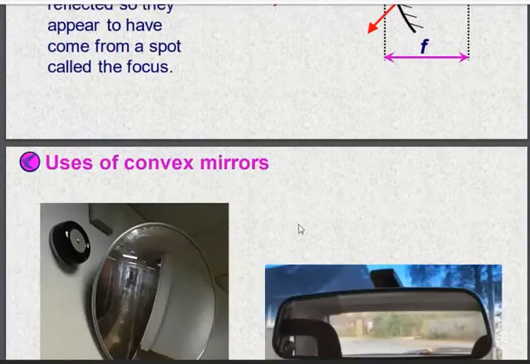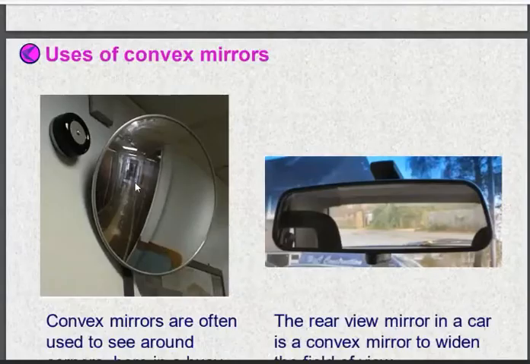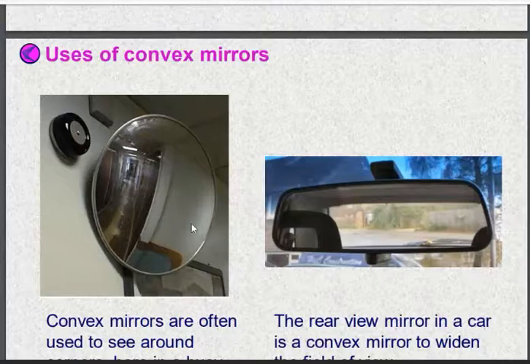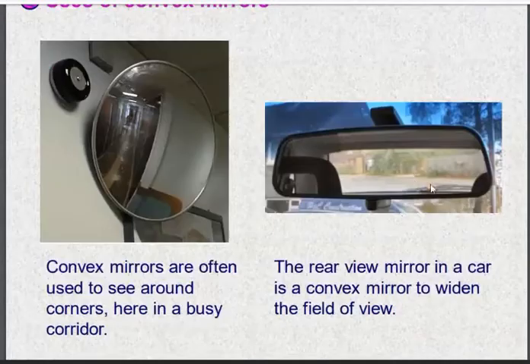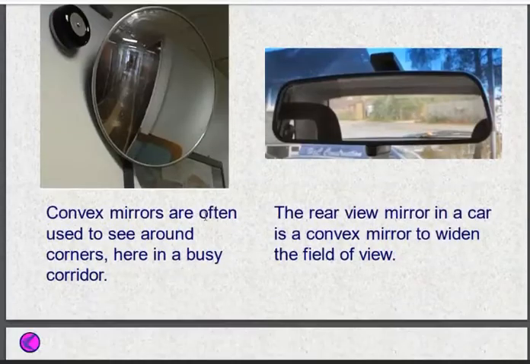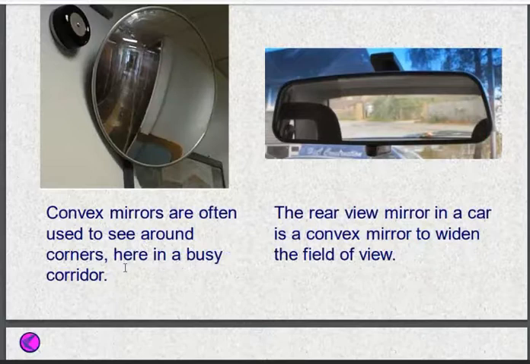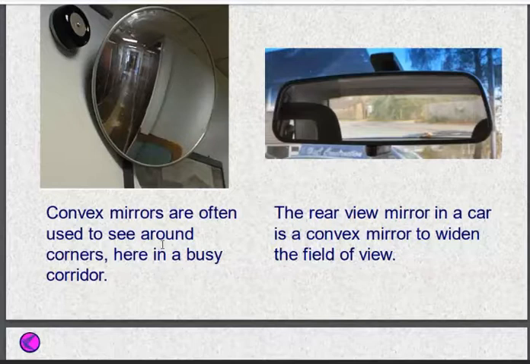What is the use of a convex mirror? This is a convex mirror, as you see, a side mirror. A convex mirror is provided in vehicles as a rear view mirror, and this is also a convex mirror. Convex mirrors are often used to see around the corner, because a convex mirror gives a larger field of view because of its diverging nature, and forms a smaller image.